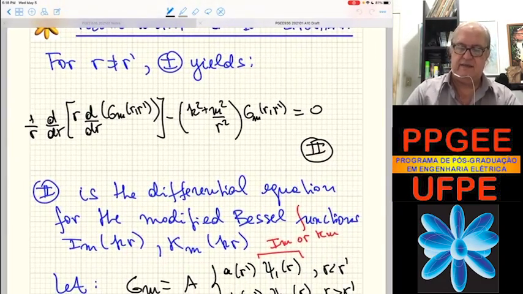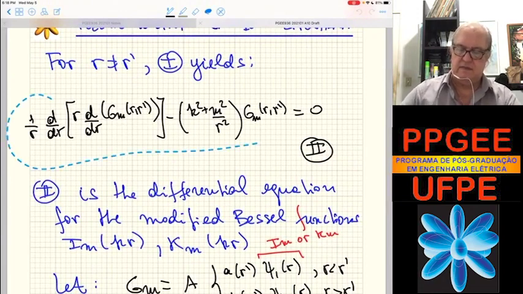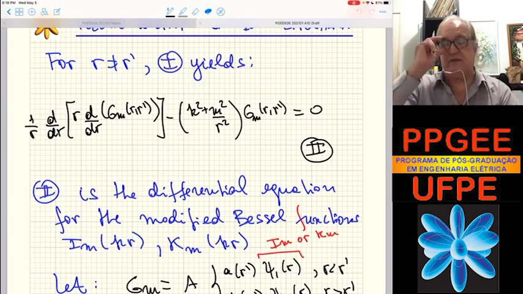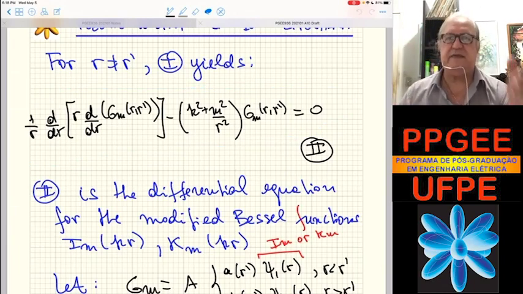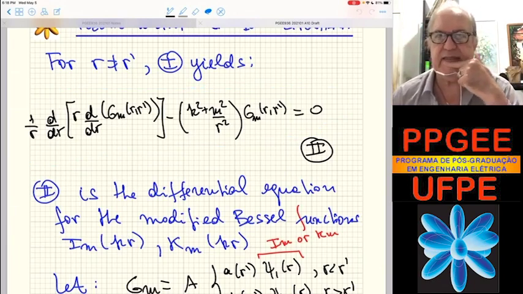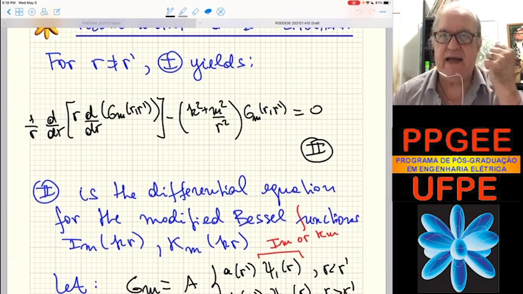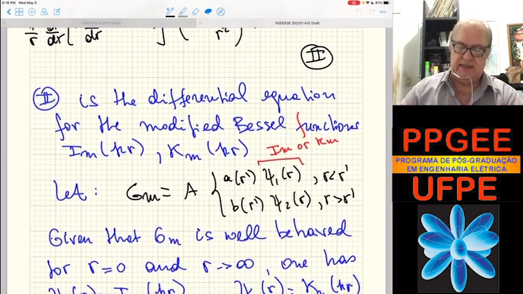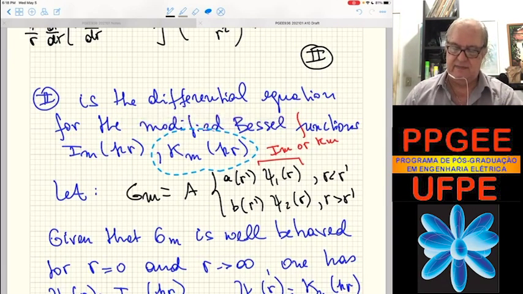If you look at it, we immediately recognize it as Bessel's differential equation for one specific choice of separation constant, which is the choice that gives modified Bessel functions as solution. So these are the solutions that give Im and Km of kr.